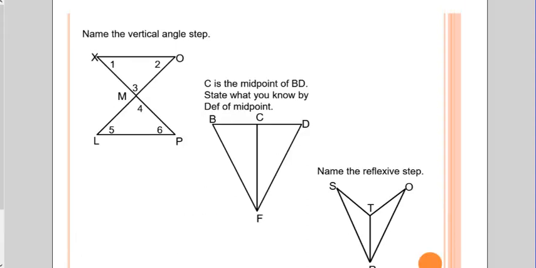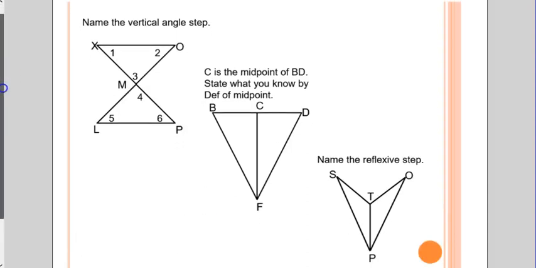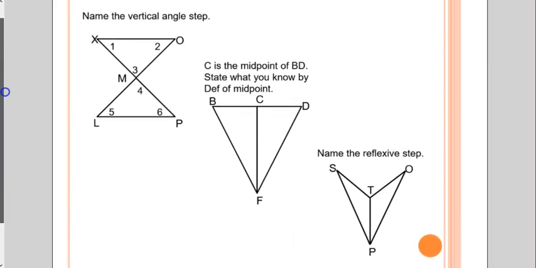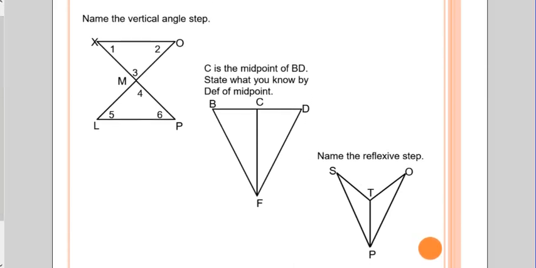And last one for this. Well, we'll get to it. Name the vertical angle step. Okay? Well, we know that this is congruent to this. So, we can say that angle 3 is congruent to angle 4.